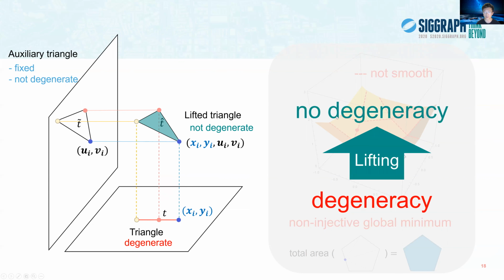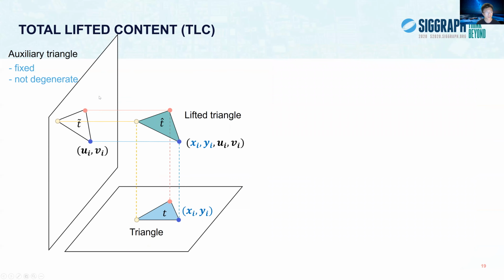So in conclusion, in the lifting space, there are no degenerate triangles. To further control the auxiliary triangle, we use a parameter called alpha. Alpha is simply used to change the size of the auxiliary triangles. We'll talk about this parameter later.